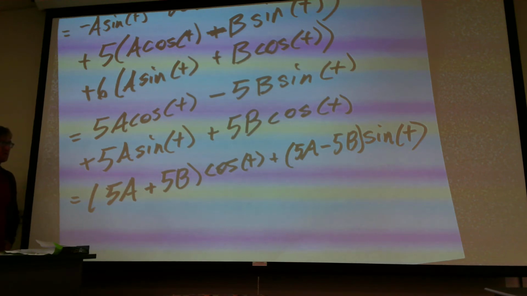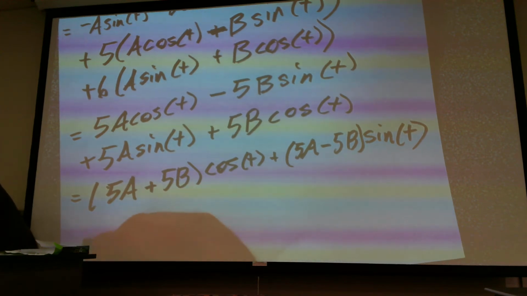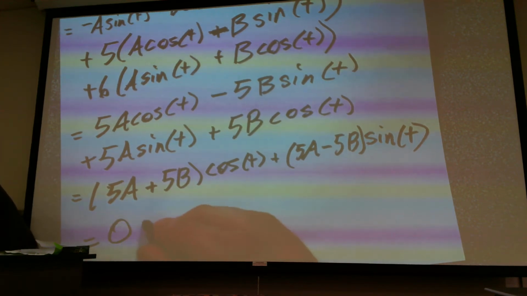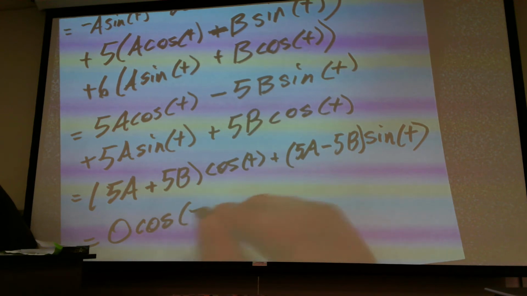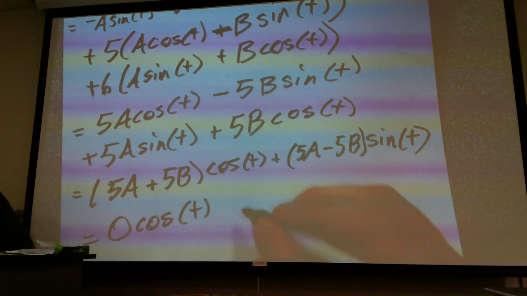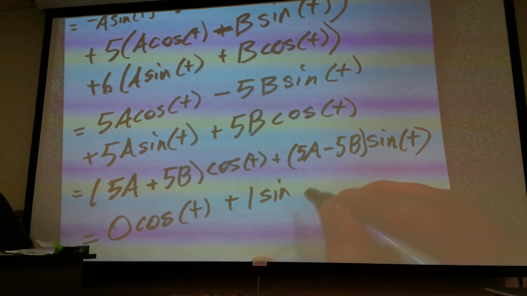After all of that, we're going to set it equal to the right-hand side. So this is going to equal 0 times cosine of t, plus 1 times sine of t.